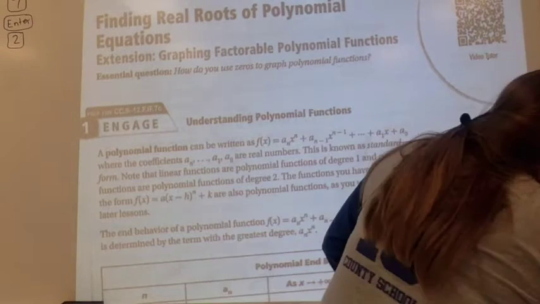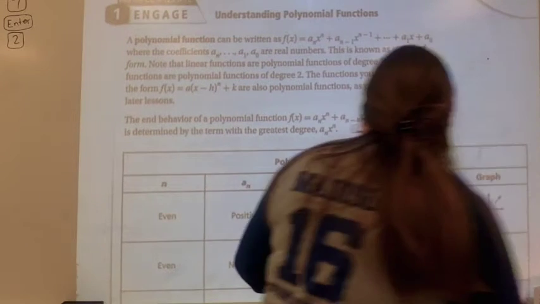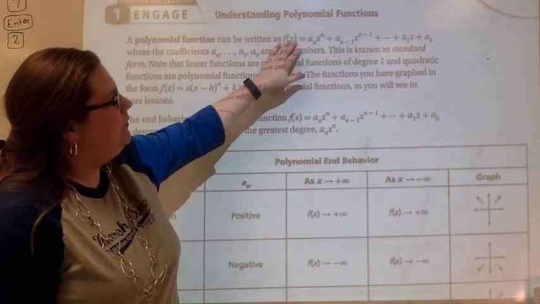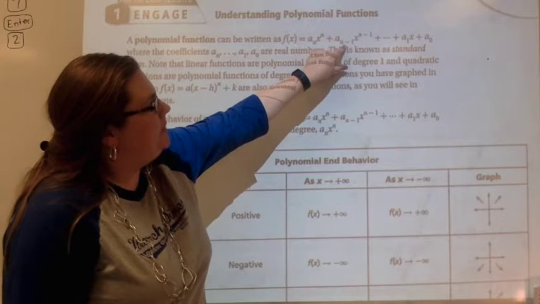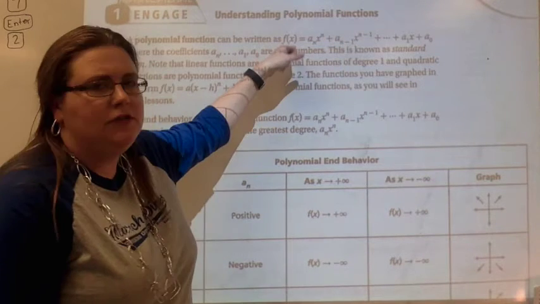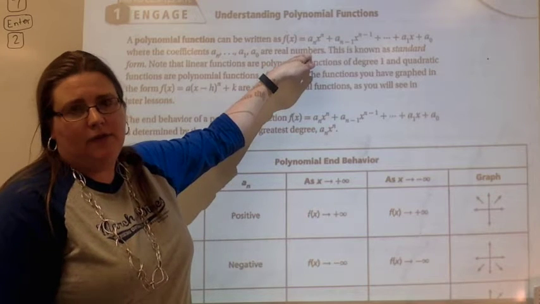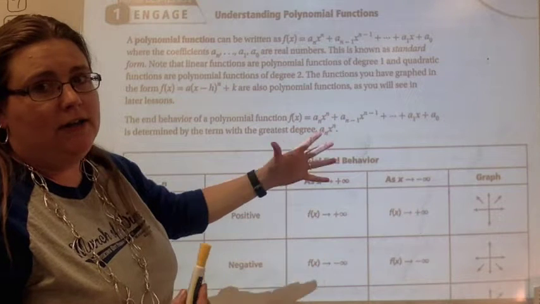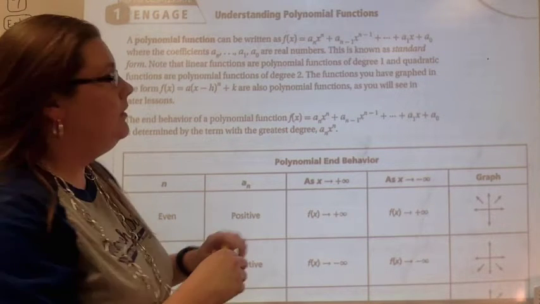First of all, on your lesson, I want you to take note of a little bit of the terminology here. A polynomial function can be written as f of x equals a sub n times x to the n plus a sub n minus 1 times x to the n minus 1. And this is what I wrote on the board for you to copy onto your discovery activity today. So I want you to highlight this. If you don't have a highlighter out, go ahead and pause your video and go get a highlighter.